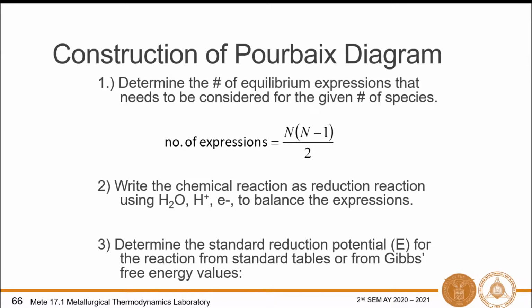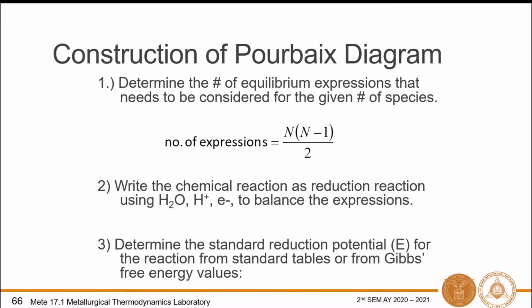We use the same formula, which is n times n minus 1 over 2. For example, if we have 4 species, that is 4 times 3 over 2, which gives us 6. Then we write the chemical reactions as reduction reactions using H2O, H plus, and e minus to balance the expressions.